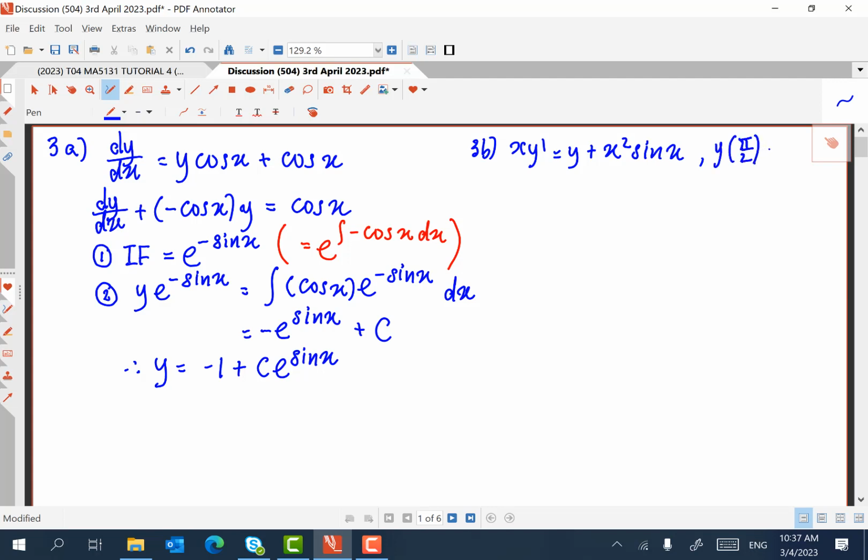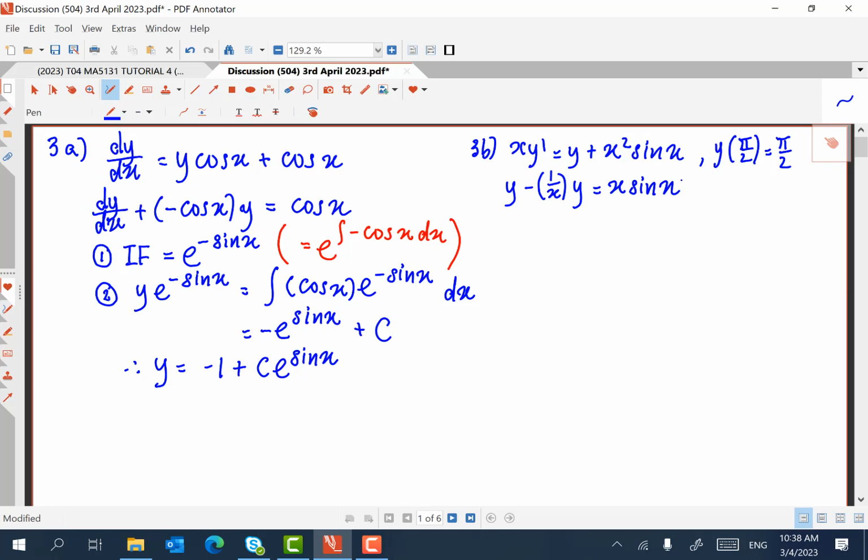Okay, Euler, what's the first thing I'll do? The first thing I'll do is I will rewrite. Okay.